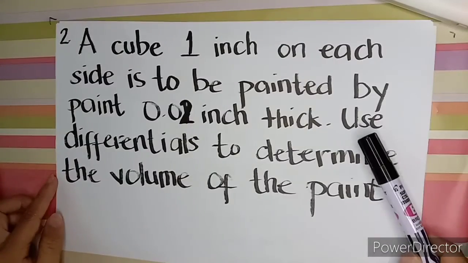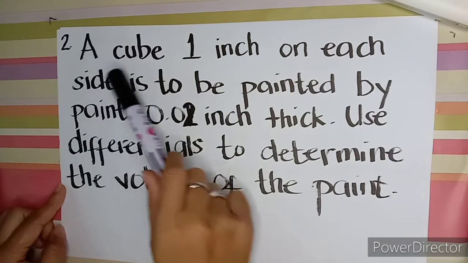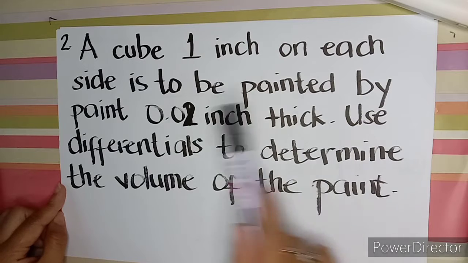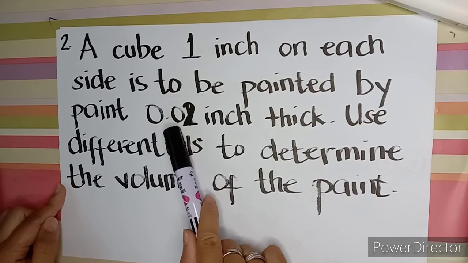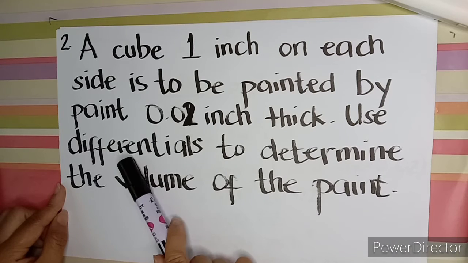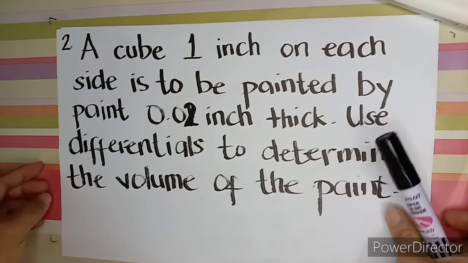The next problem for differential calculus is this one. A cube 1 inch on each side is to be painted with paint 0.02 inch thick. Use differentials to determine the volume of the paint.